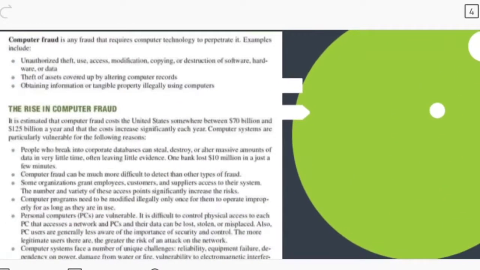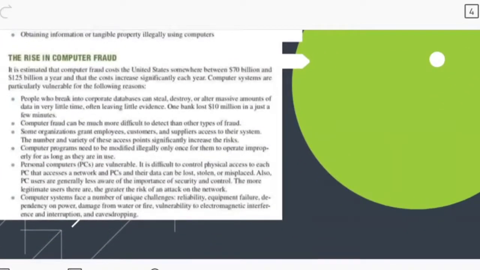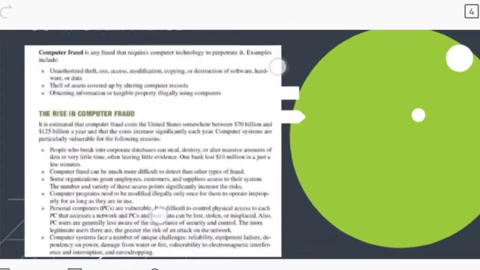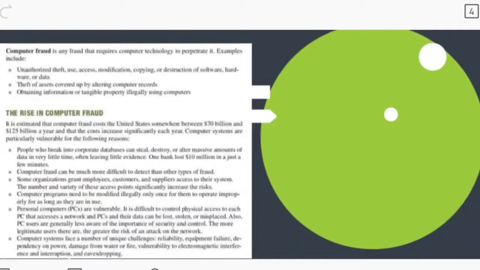So, the rise in computer fraud. As you observe or have knowledge about computers, there are many frauds or mistakes that you can commit, because through computers people can easily break in or make mistakes.